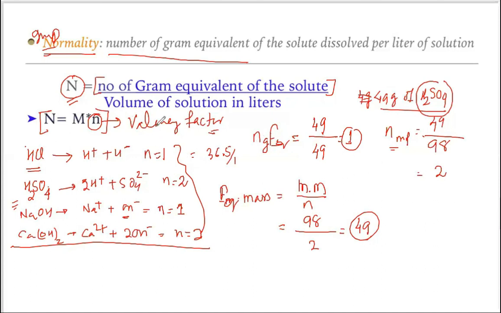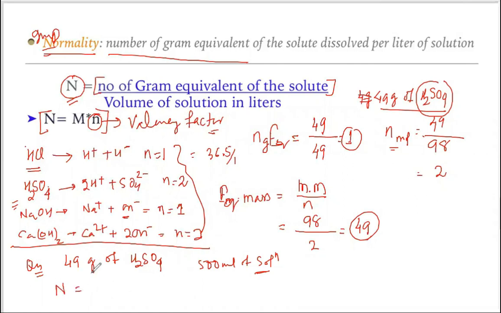Let's relate this with a numerical, the same thing we are going to talk about. The question is, suppose 49 grams of sulfuric acid is given, dissolved in 500 milliliters of solution or volume, and he is asking to calculate the normality.